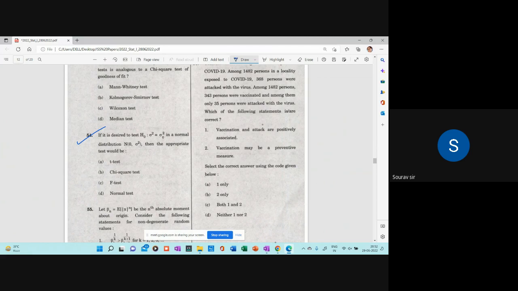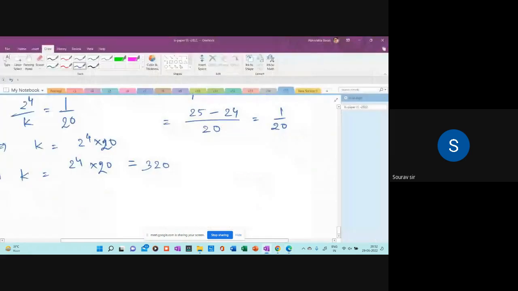They have asked you to test for sigma for the univariate normal, normal 0 sigma square, and they have asked which is going to be the appropriate test: T, F, chi-square or normal. So how do you classify this problem and how do you remember that? I am going to tell you in brief.